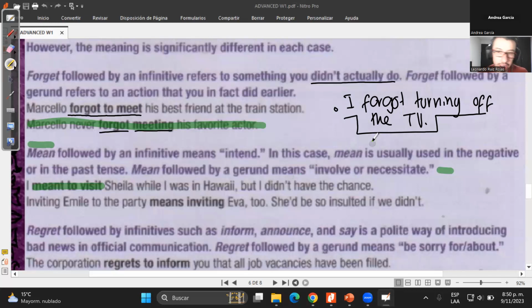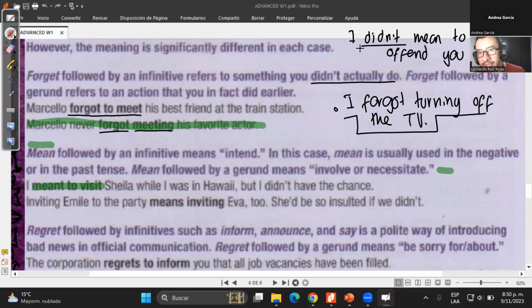Or they say usually in the past or in the negative form. For example, I said one joke and you got offended. You said, my God, Andreas offended you. So I said, I didn't mean to offend you, in the past and negative.